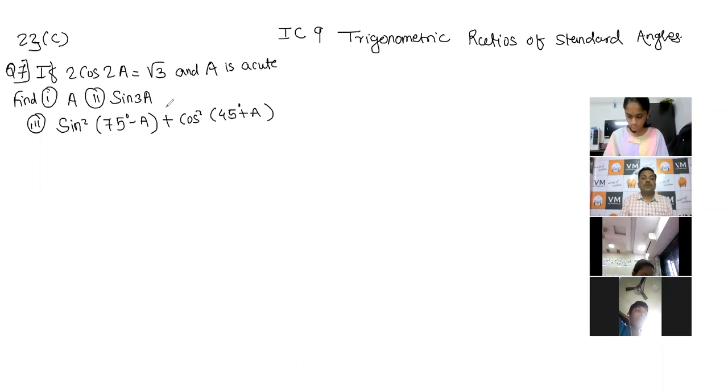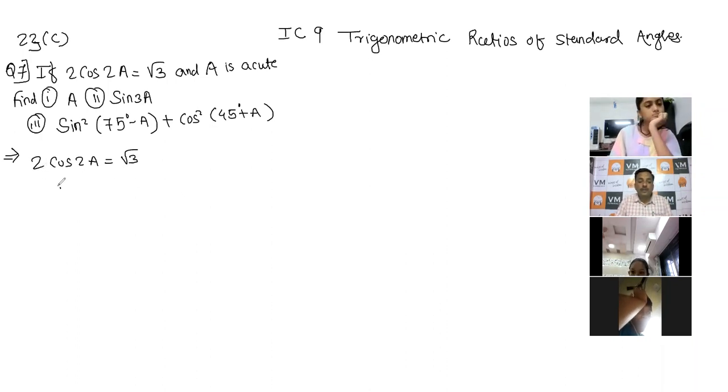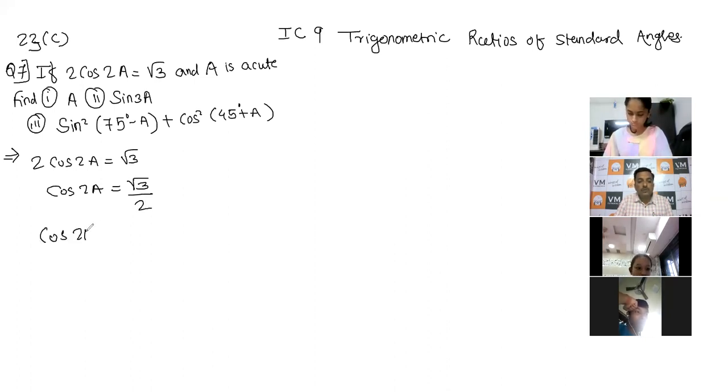Okay, so it is given that 2 cos 2A is equal to root 3. First, whatever is multiplied here, shift it to the other side. So cos 2A is equal to root 3 divided by 2. Now in cos, which angle has the value root 3 by 2? Cos 30, correct. Cos 2A is equal to cos 30 degree.